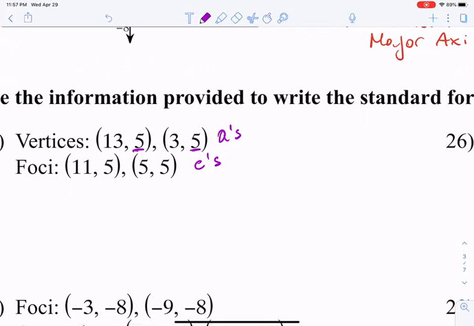These numbers are not moving, they're fixed. So that means there's no change in y. The only thing changing is x. If you think about this and this, what's changing there? Well, the 3 is moving to 13. That's what's happening. So now you can tell right away, because these are the vertices, that you have a major horizontal axis.